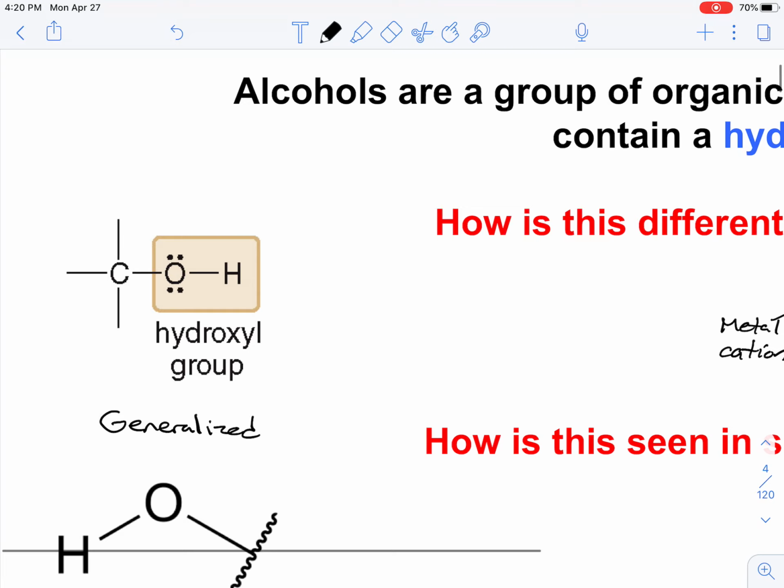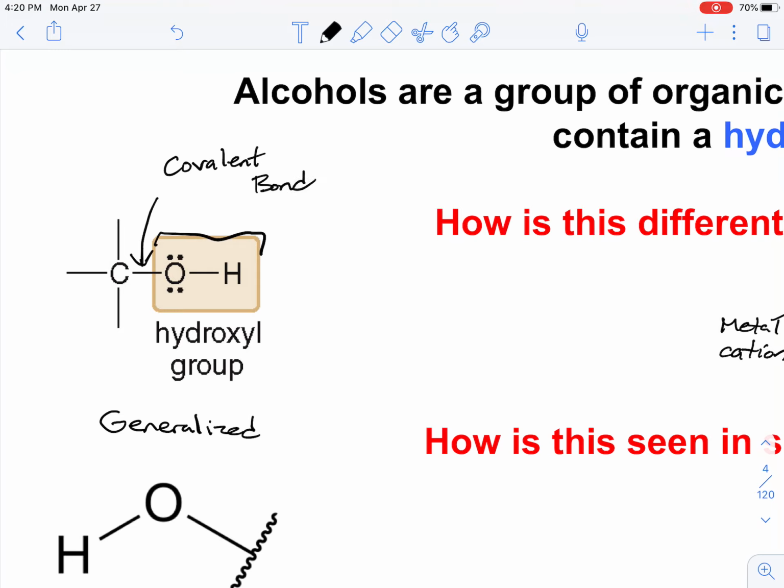However, if you have an OH that's covalently bonded to an organic compound, then that OH is going to be referred to as a hydroxyl group.